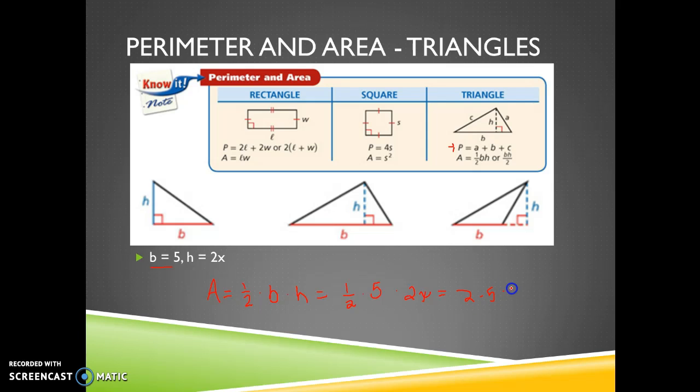And we still have this times our 2x. So 2.5 times 2 takes us back to 5x. And this is area, so yes, you should have units squared on there. If we were asked to find the perimeter, this example problem would need to give us the two other side lengths of the triangle, and then you would just add them with b.